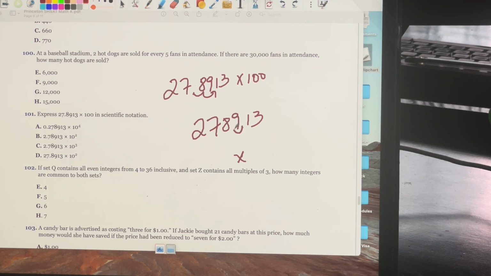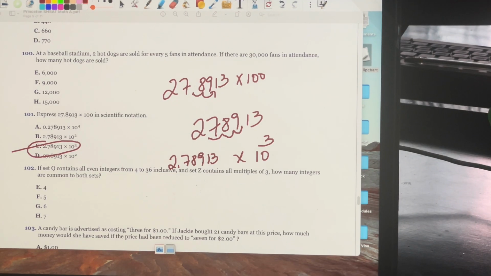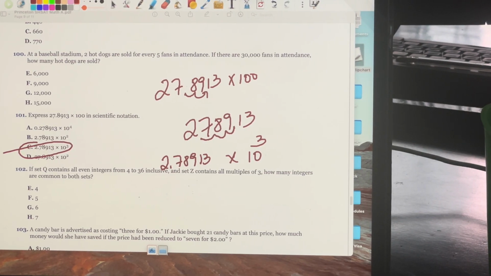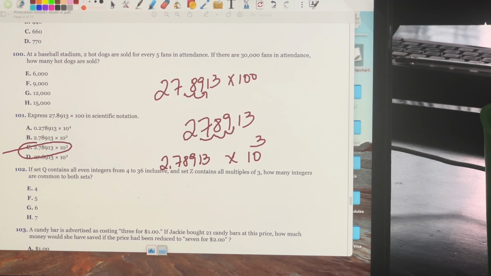So I'm going to move the decimal once, twice, 3 times, so that's 2.78913. I move the decimal 3 times, and it becomes 10 to the third. There. Apologies, I don't know what I was thinking in the first part. So much easier. Okay, so again, just the easier way.